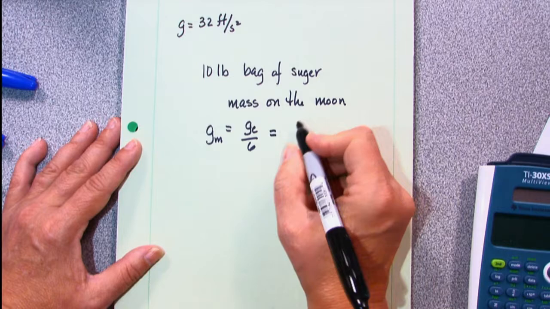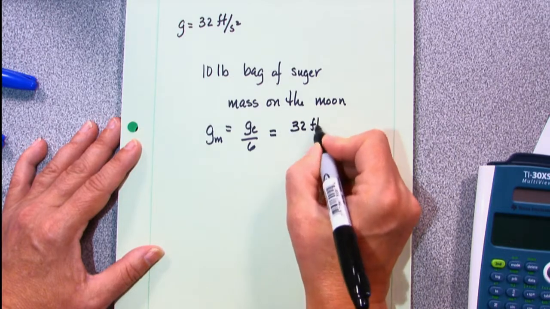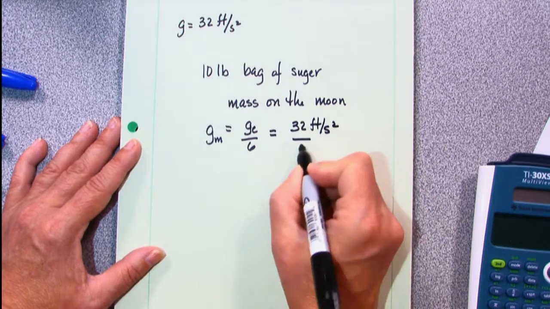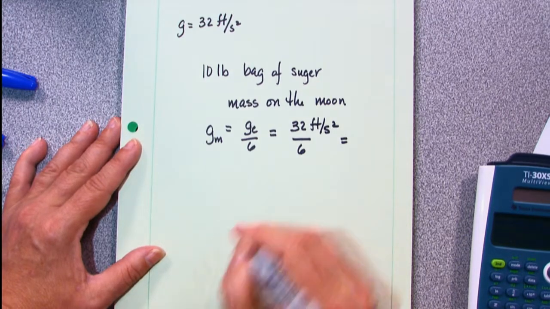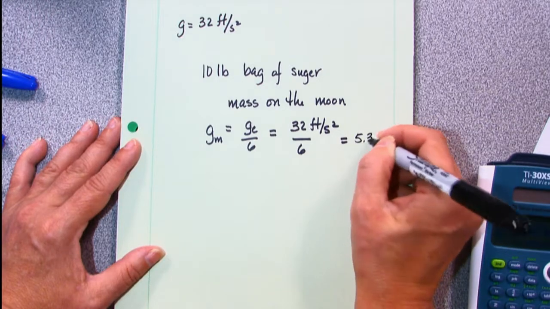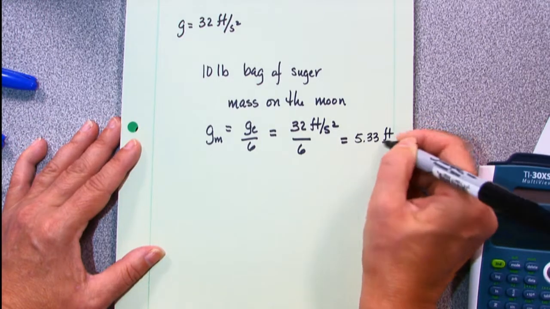So I take my 32 feet per second squared divided by 6, which gives me 5.33 feet per second squared.